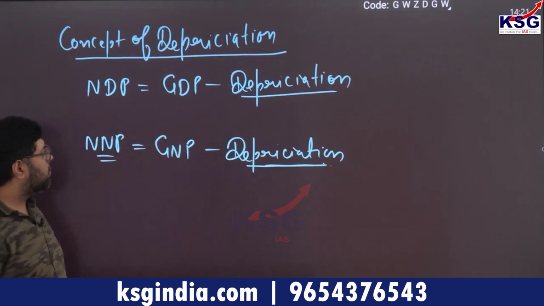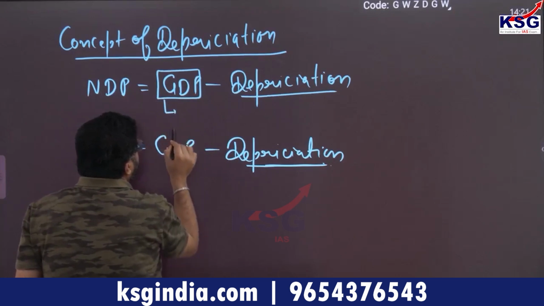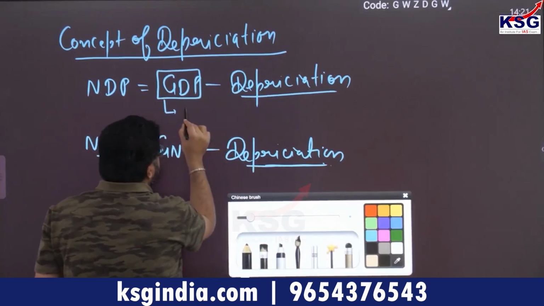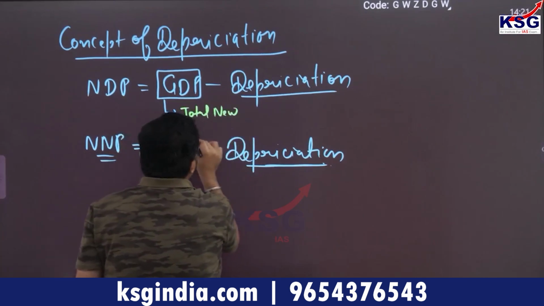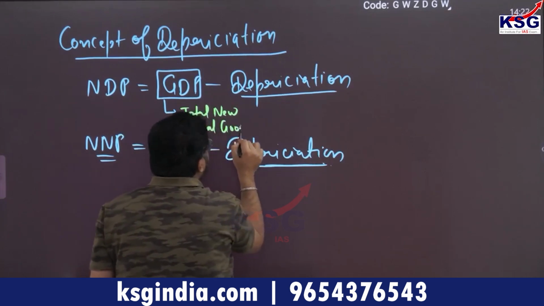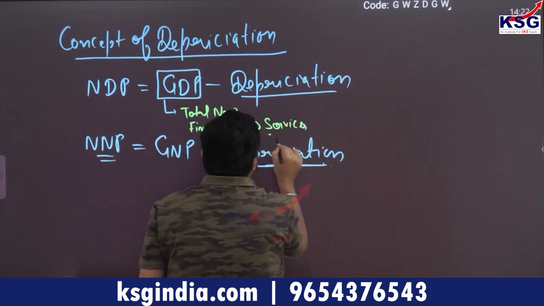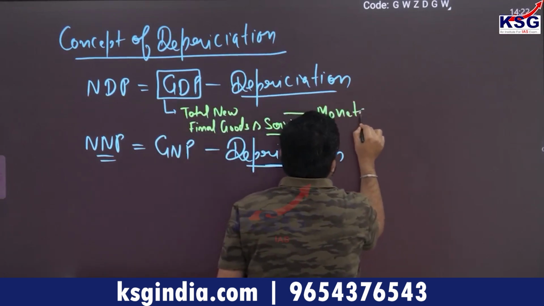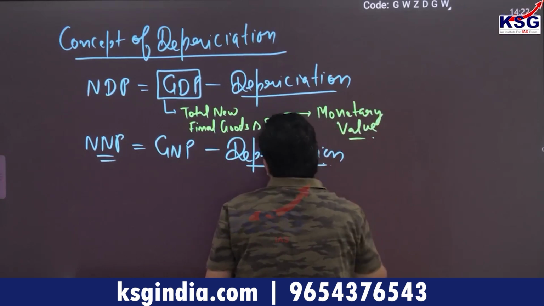So basically our purpose through GDP is to find the total new final goods and services produced, and that we convert into monetary value.